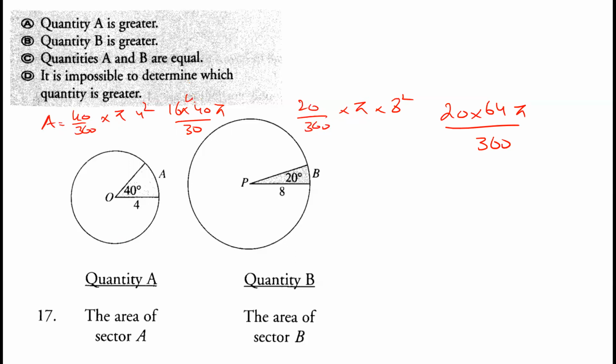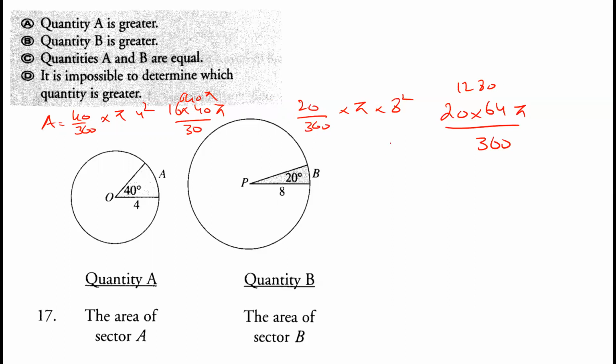This would be 640 pi. And 64 into 20 is basically 1280. So 1280 is definitely more than 640.